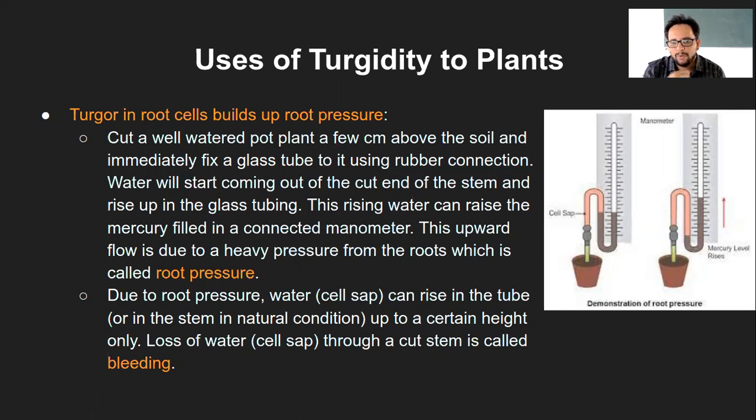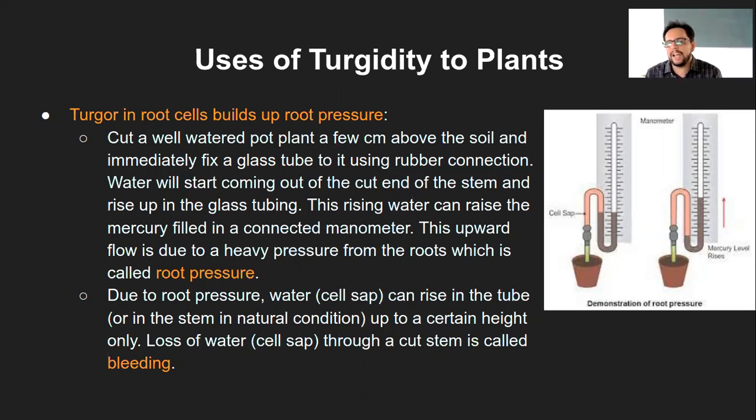Now, due to this root pressure, the water, which is ultimately the cell sap, can rise in the tube or in the stem in natural conditions. Natural conditions means if you just leave the cut branch or cut stem of the tree as it is, you can see a drop accumulating on the surface of the cut.